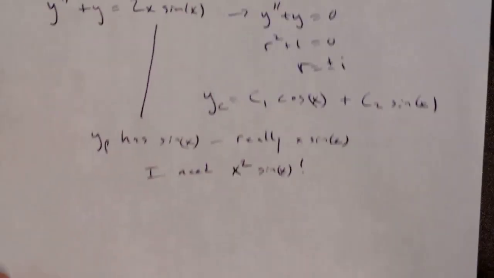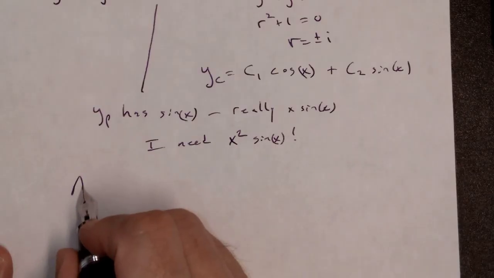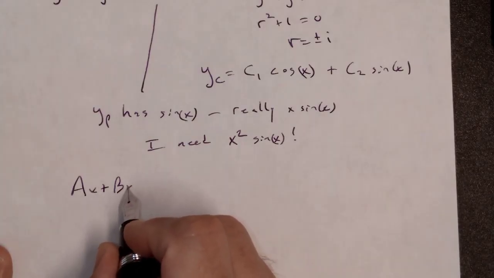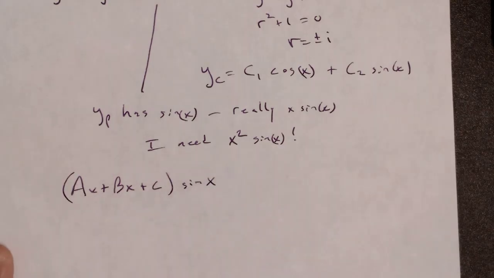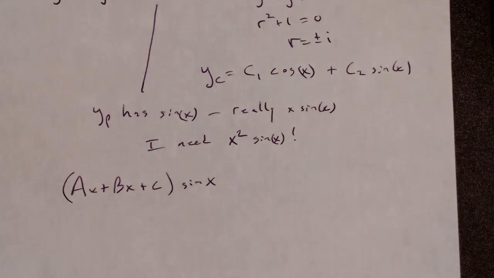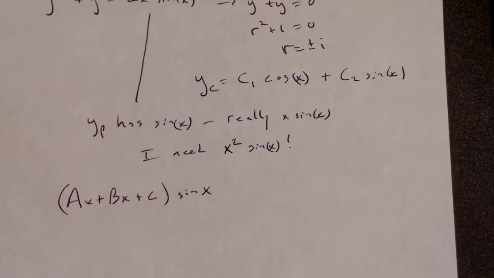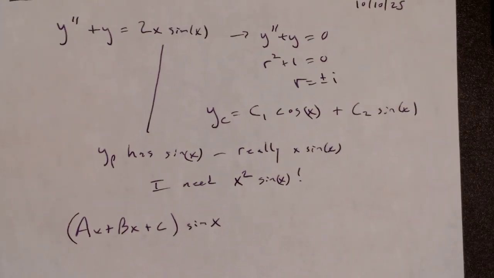And that means I need a quadratic term, ax squared plus bx plus c times sine x. Because it might not just be an x squared, and it's multiplied because in g of x, it's x times sine of x, not x plus. If we just add it, I just add on. But they're multiplied, so I got to multiply together.